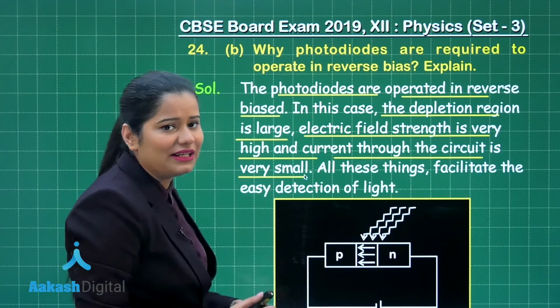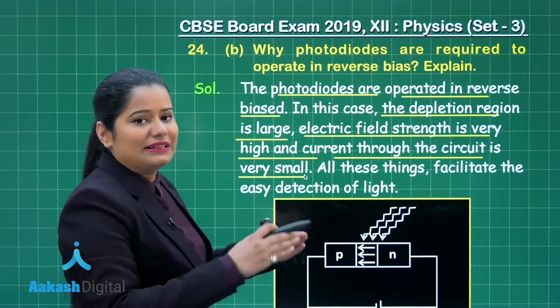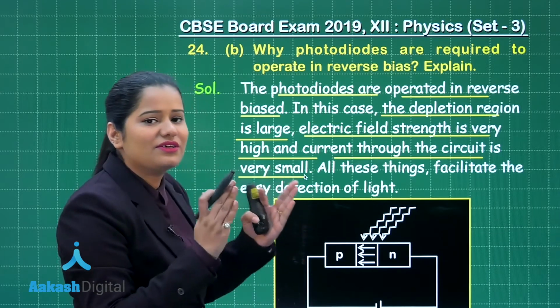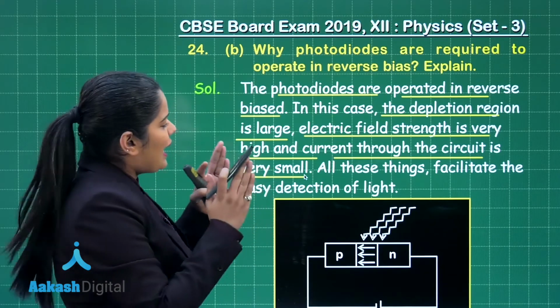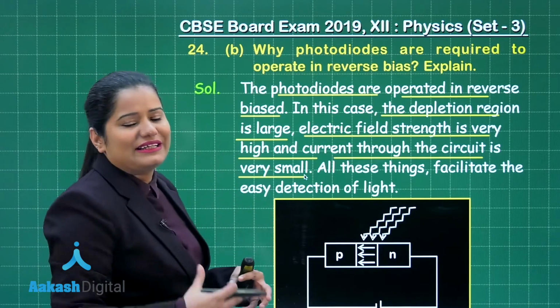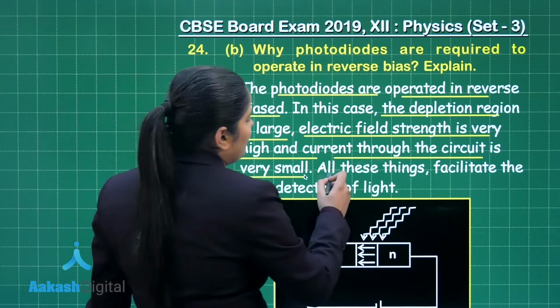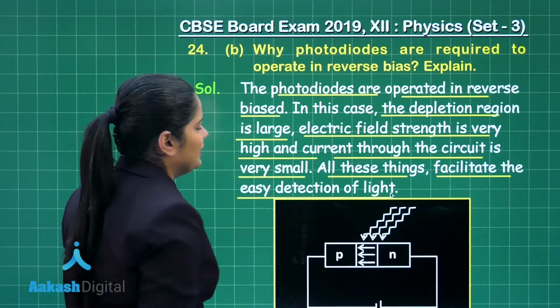So we have seen that in the case of diodes, when it is reverse biased, the current in the circuit is very less because the depletion region is very large. And also the electric field that gets set up in the depletion region is very high.